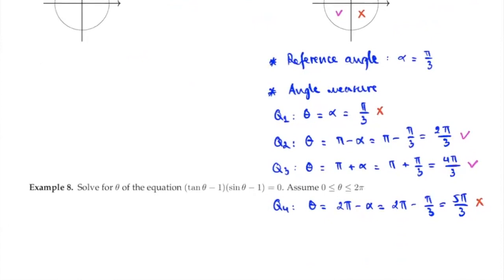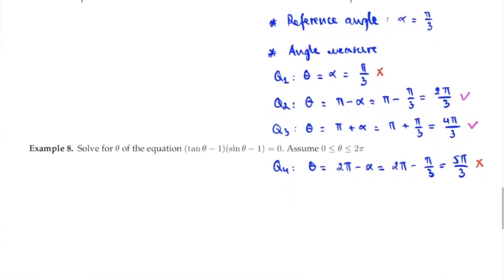Now let's cover the last example here. In this example, we'd like to solve for theta such that tangent of theta minus 1, altogether times sine of theta minus 1, equal to 0. So this is a product of two different expressions, and they are equal to 0.